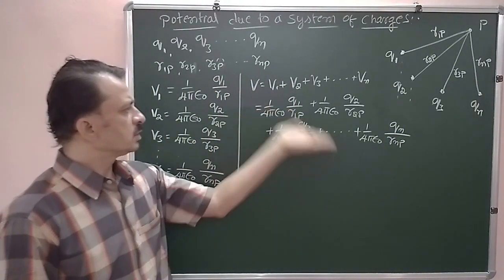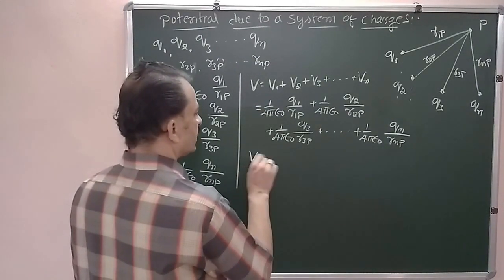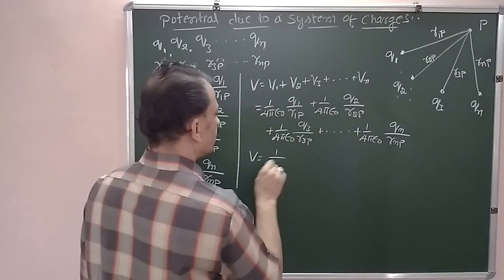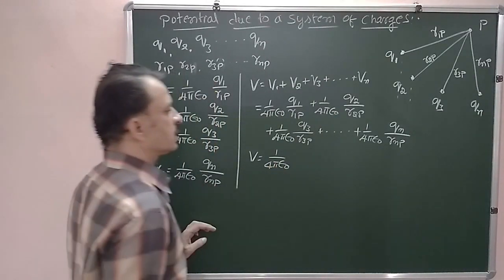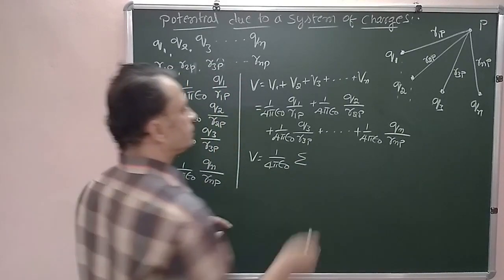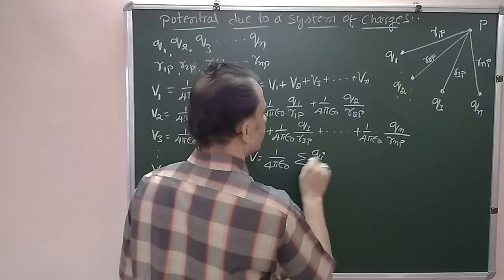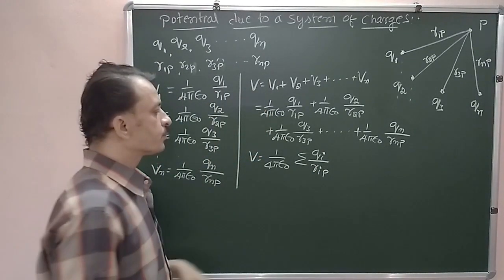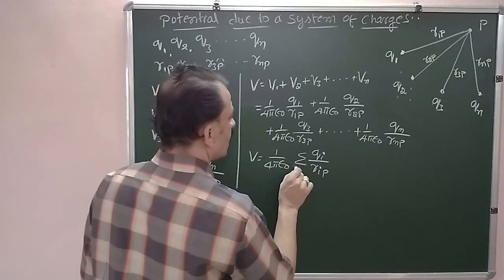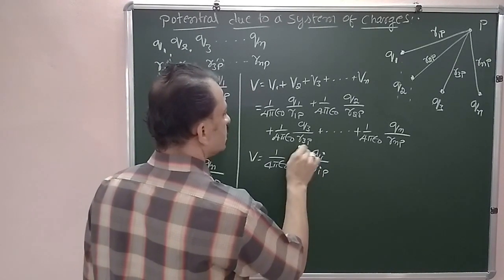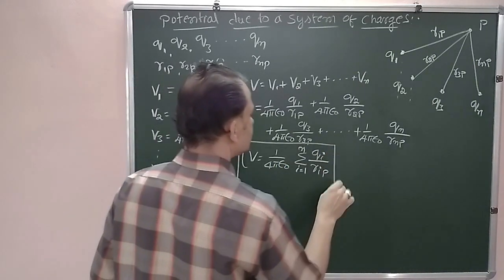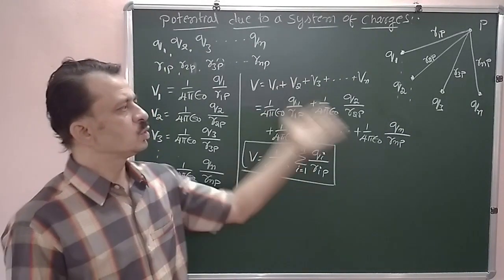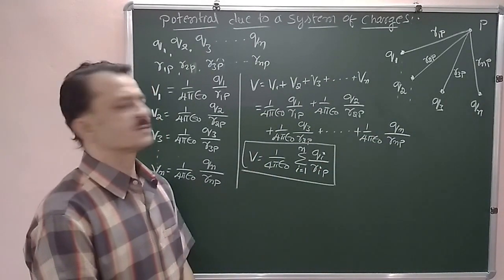Now I will rearrange the terms with the sigma sign. 1 divided by 4 pi epsilon naught is common, so I will take it out: 1 divided by 4 pi epsilon naught into sigma Qi divided by Rip, where i takes values from 1 to n. This is the expression for the potential at a point due to a system of charges.